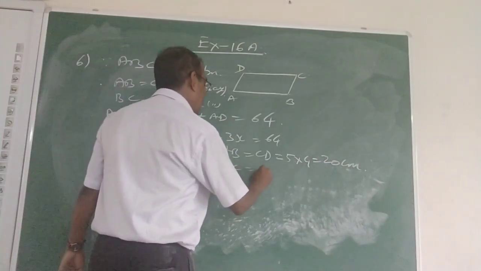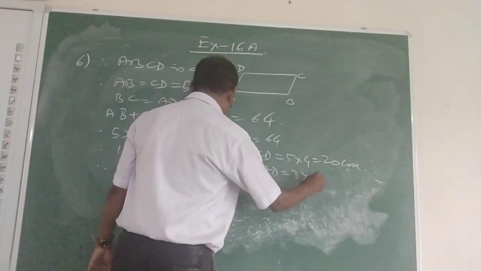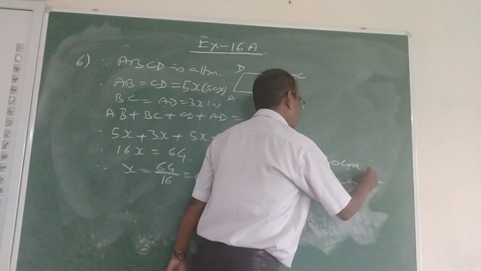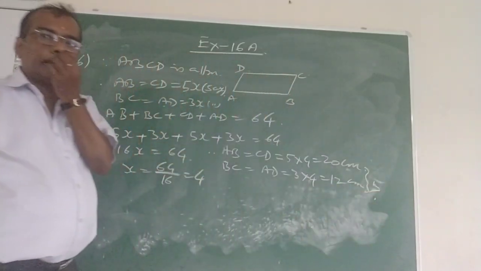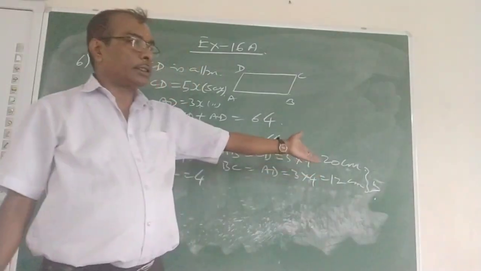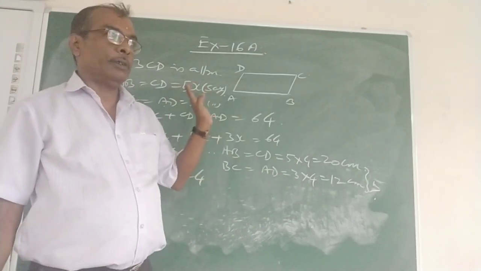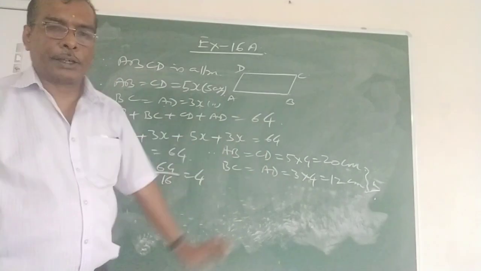Both of them are equal, which is 3 into 4, that is 12 centimeters. You can verify if it is correct or not. Take 20 plus 20, 40, and 12 plus 12, 24. The sum is coming 64, and these are in the ratio of 5:3. So therefore our answer is correct.